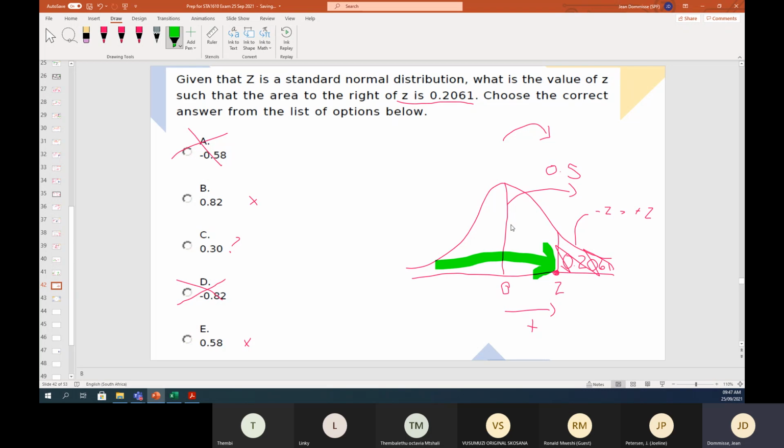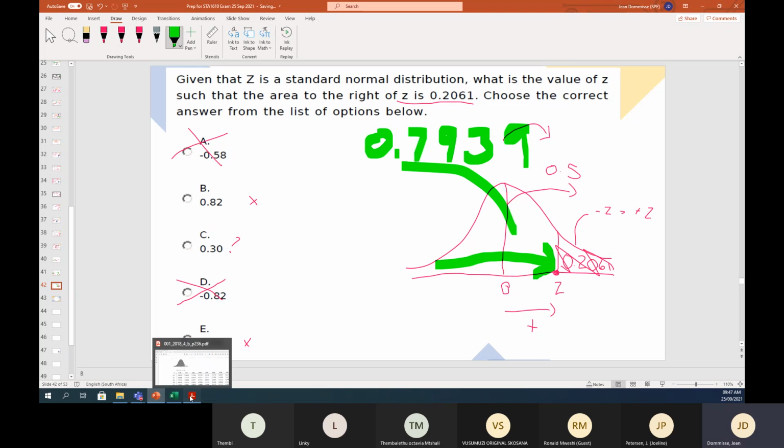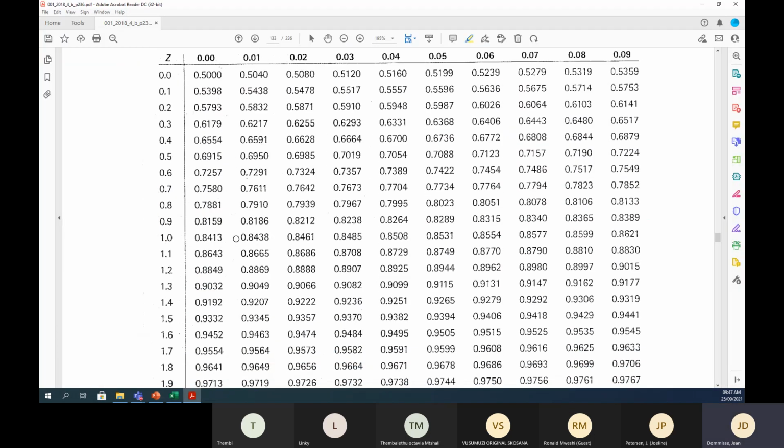We know that everything underneath the normal distribution adds to 1. So 1 minus 0.2061 will give me what is underneath here, which is 0.7939. Okay, so I need to go to the positive Z, and in here I need to look for a probability of 0.7939.